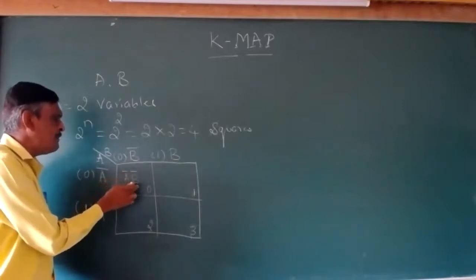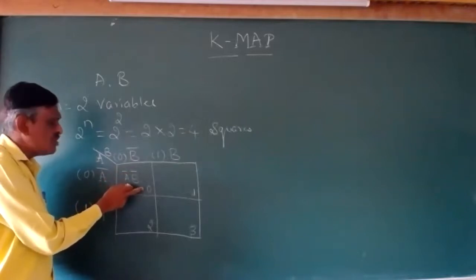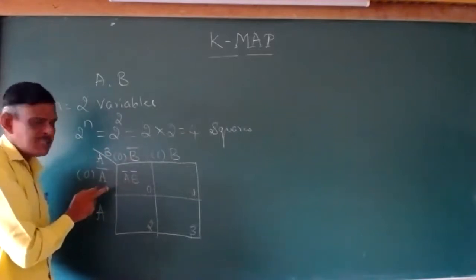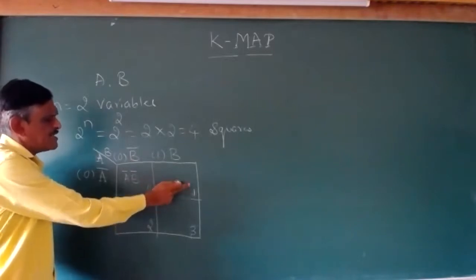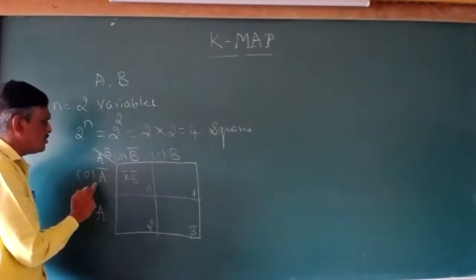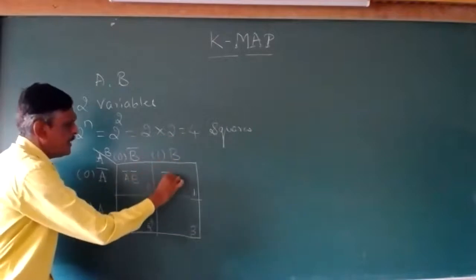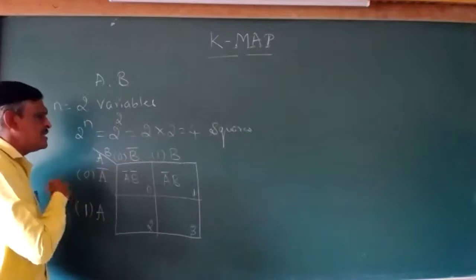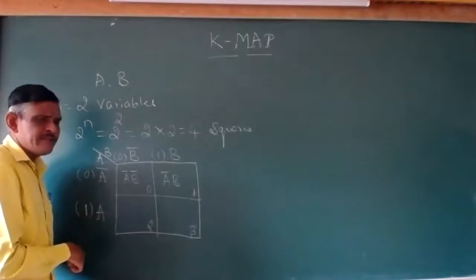So A complement B complement is the first min term we have written for this, designation 0, that is square 1. Like this, you can generate the min term for this square. It is labeled as designation 1. So again, row multiplies the column. So row is A complement, then column is B. A complement B is the second min term we have generated. This is about the first row, and follow the same procedure for the second row also.